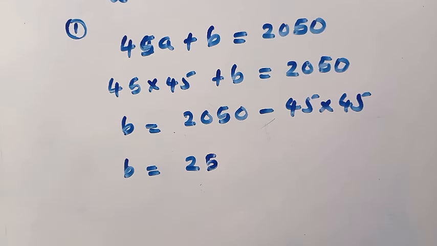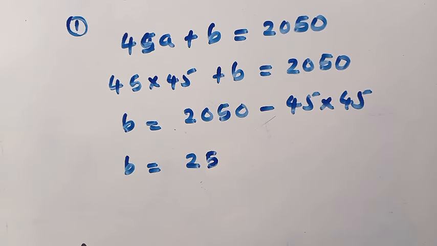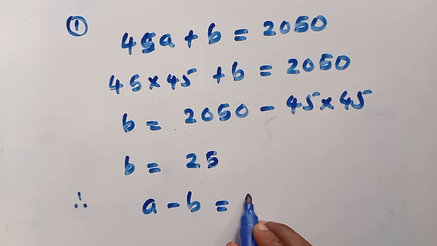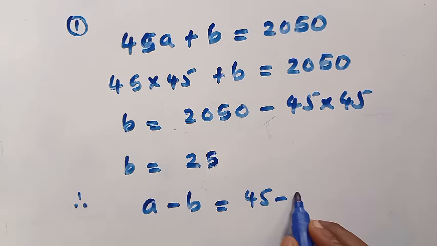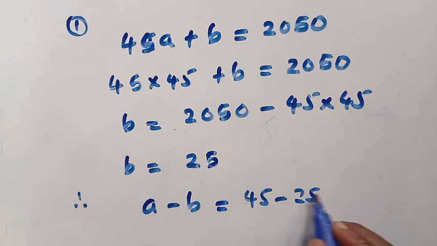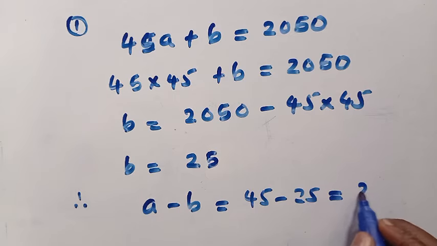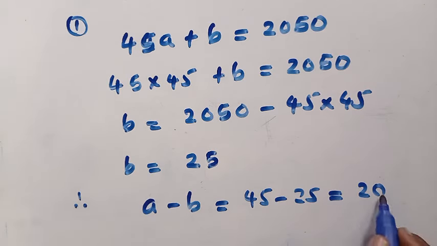Then, by subtracting, we have a minus b equals 45 minus 25. This gives us 20. So 20 is the value of a minus b.